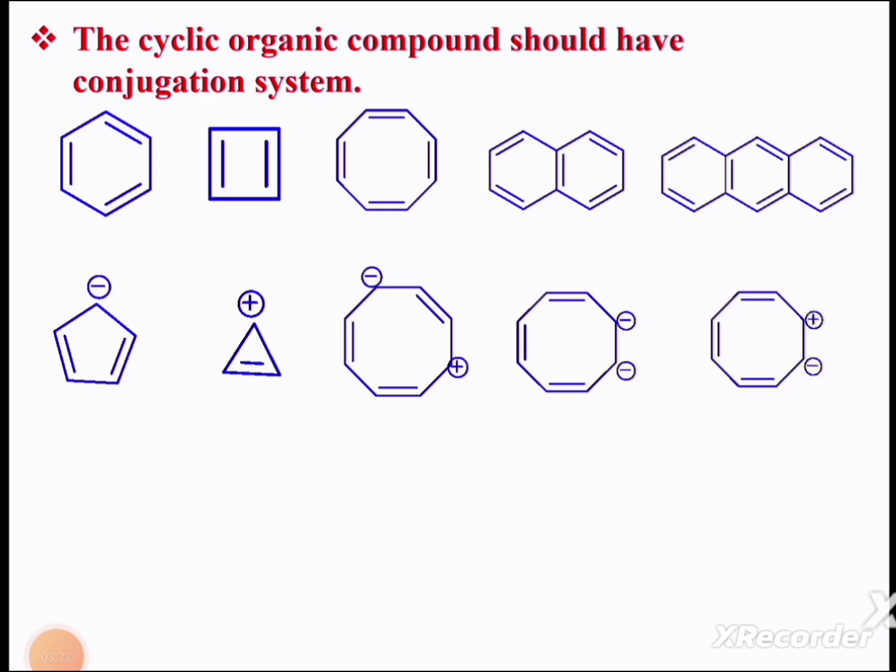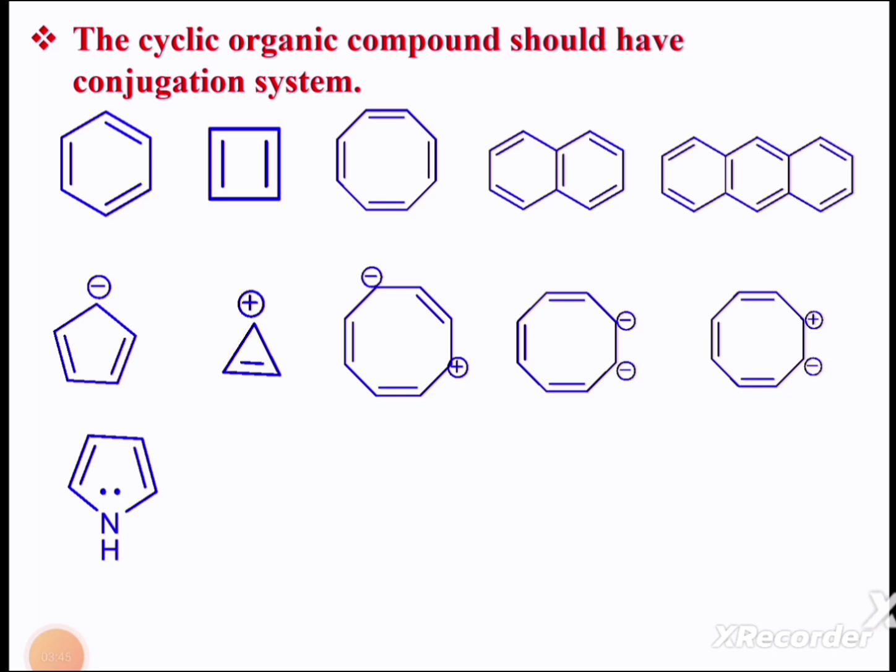Look at this structure. In place of a double bond, a positive charge and negative charge can be in alternate positions. Also, a lone pair will be in conjugation. Here in the heterocyclic compounds: lone pair, single, double, single, double, single.